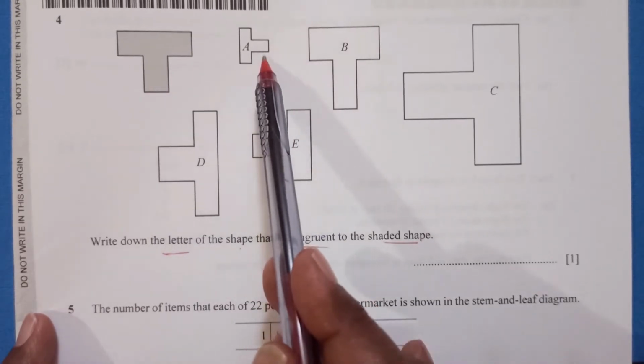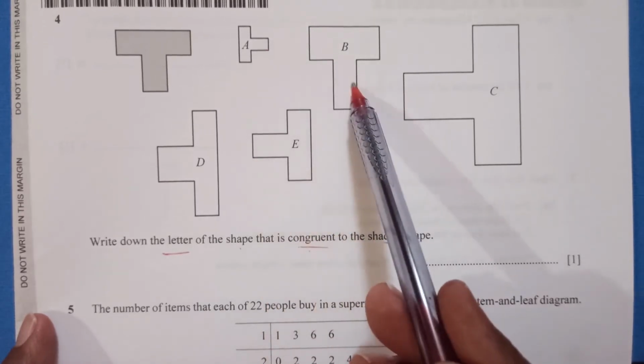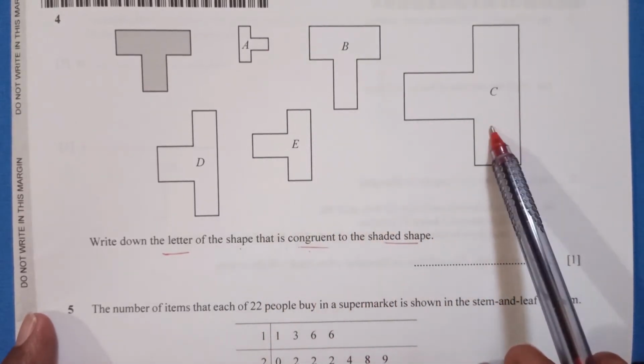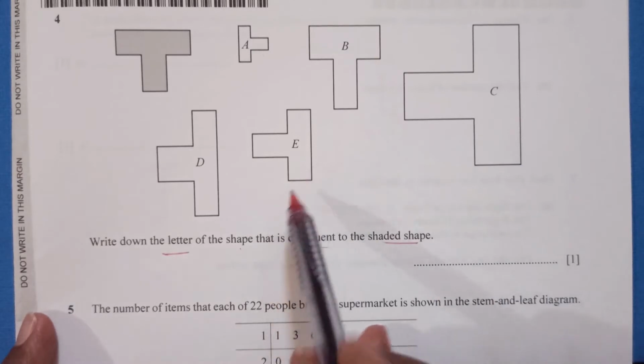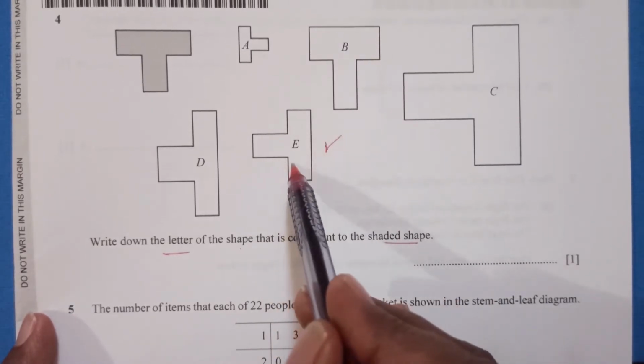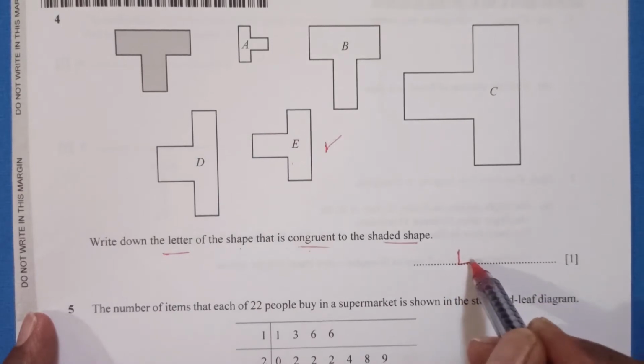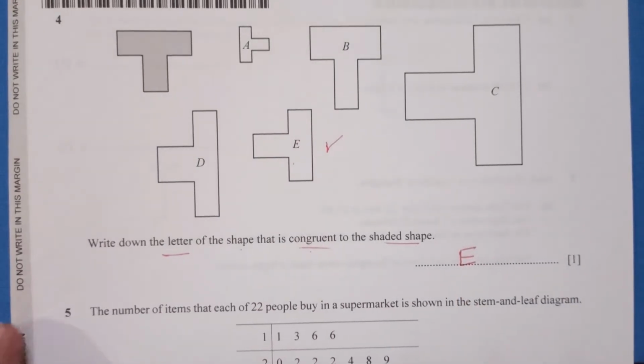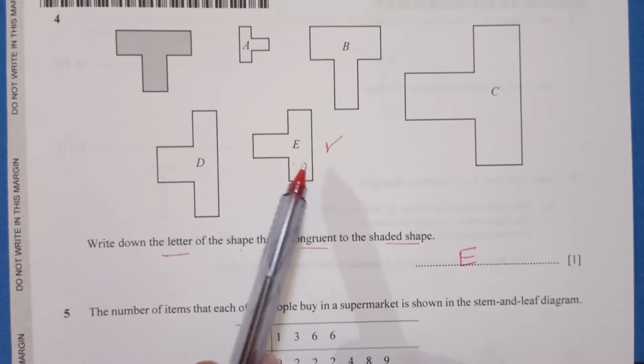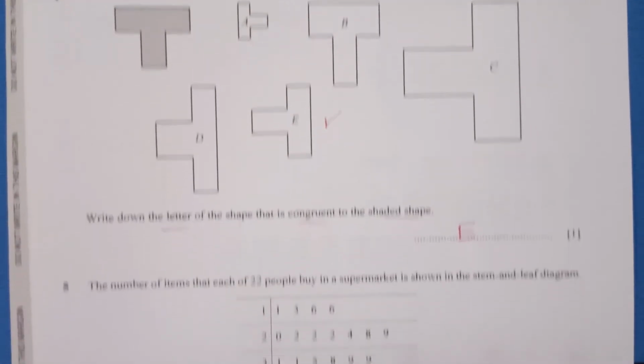We have A, it's the same shape but not the same size, and this shape is different, this size is different. The only shape that I can see here is E, which has the same shape as the shaded shape. So E will be the answer, because this is the same shape and size.